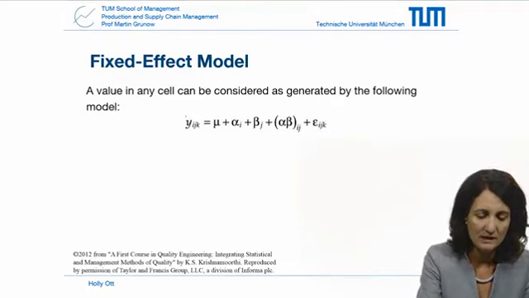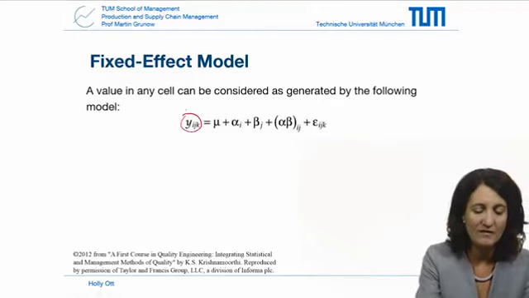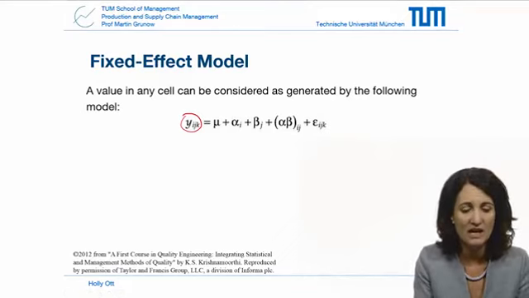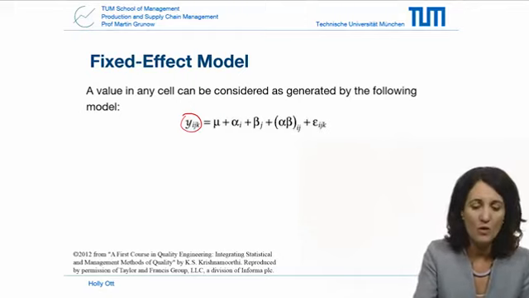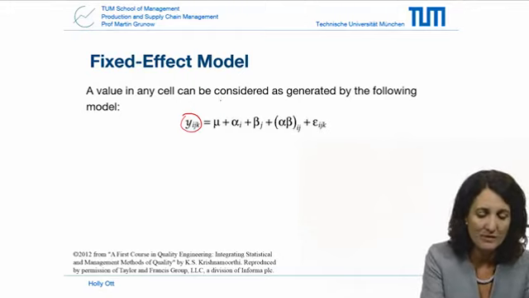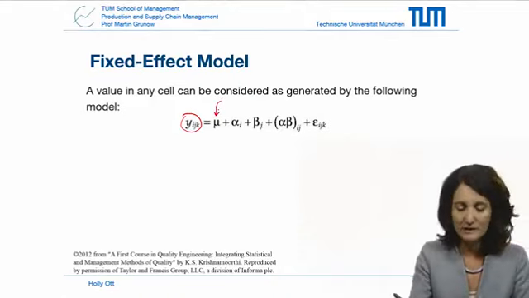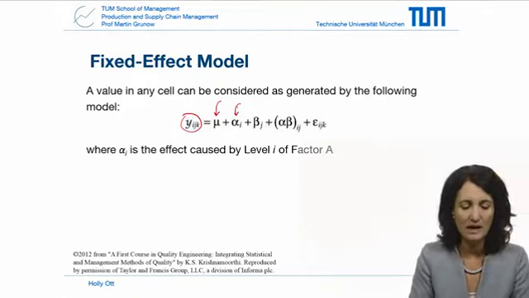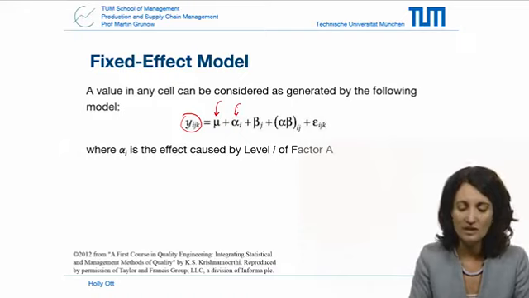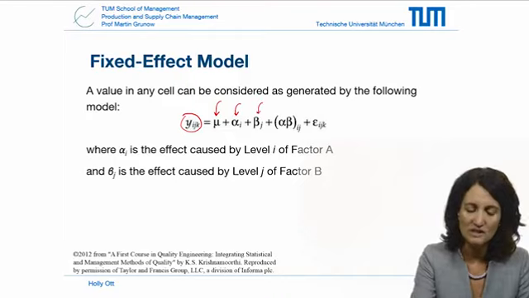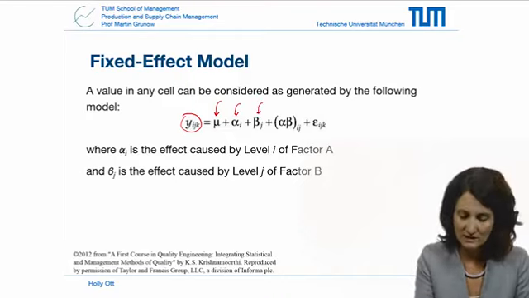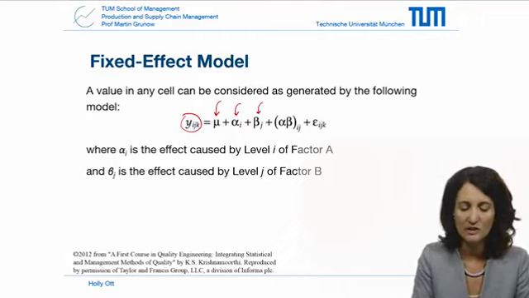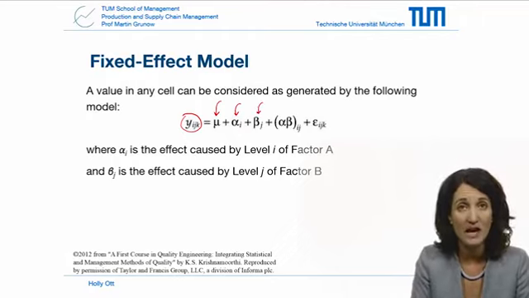So the individual cell value for factor A at level I, factor B at level J, and a particular replicate K, can be considered made up of an overall mean value where all the data is centered, plus a value called alpha sub I, which is the effect of factor A at level I. And then we have a beta value, which is the component of the measurement caused by factor B being at level J.